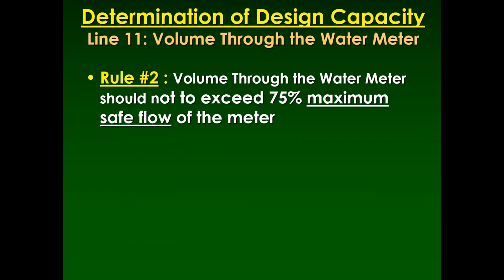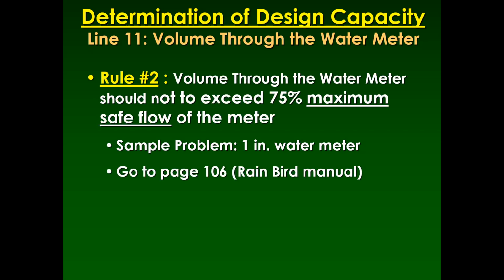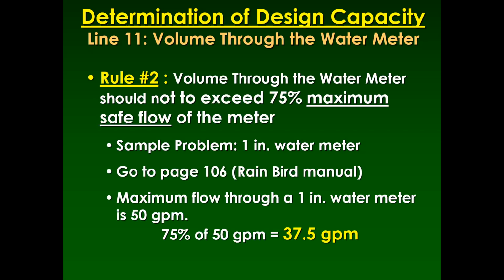So rule number 2: volume through our water meter should not exceed 75% of the maximum safe flow of the meter. We can still go back to that 1-inch water meter, on that same page 106. The maximum flow through a 1-inch water meter is 50 gallons per minute.